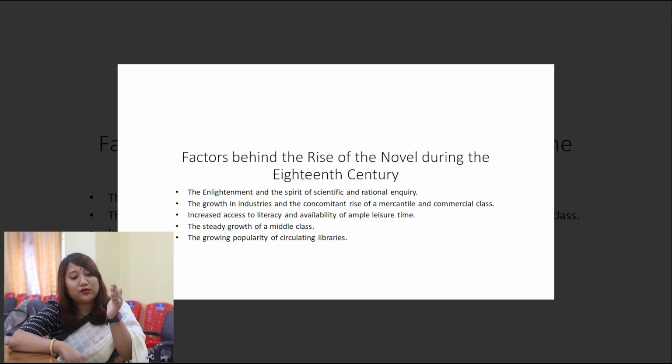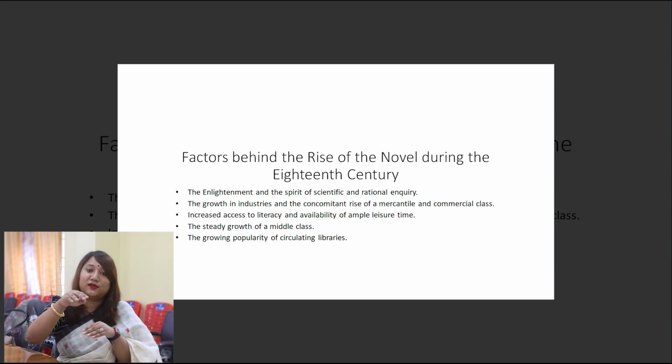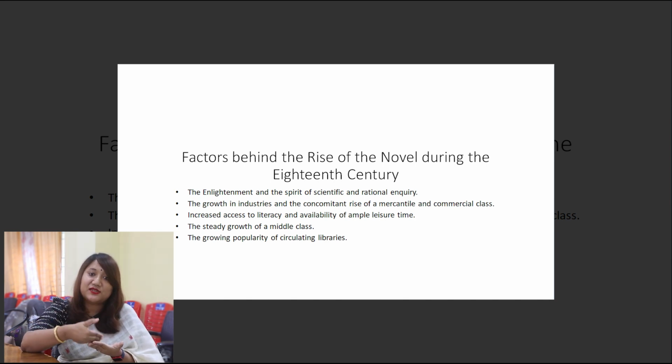So during medieval England, or even during Elizabethan England, there were the royalties and there were the lower classes, the peasantry. Now there was a middle class. This middle class was mostly occupied by professionals, those people who were engaged in different businesses. So gradually you had the concept of a middle class coming in.